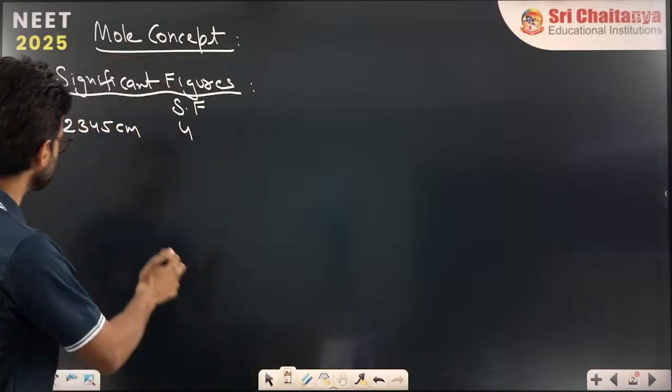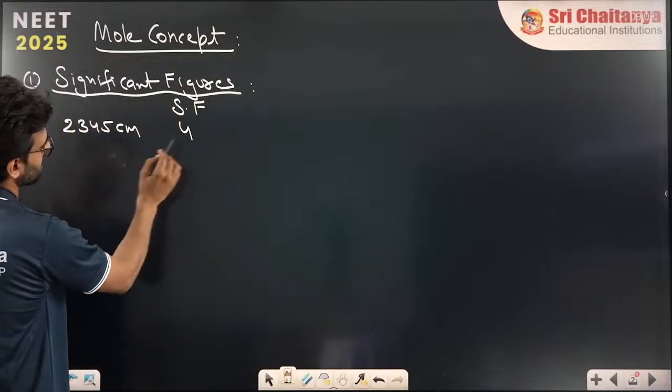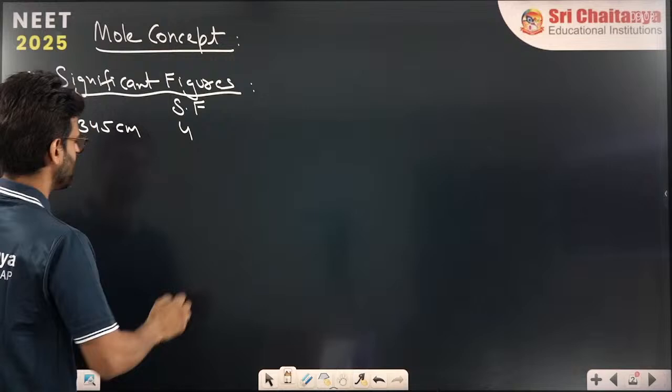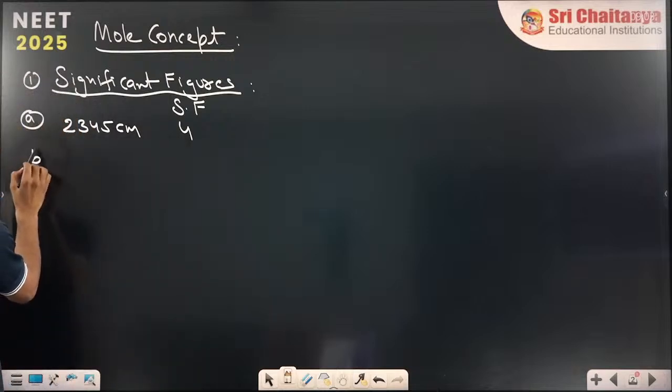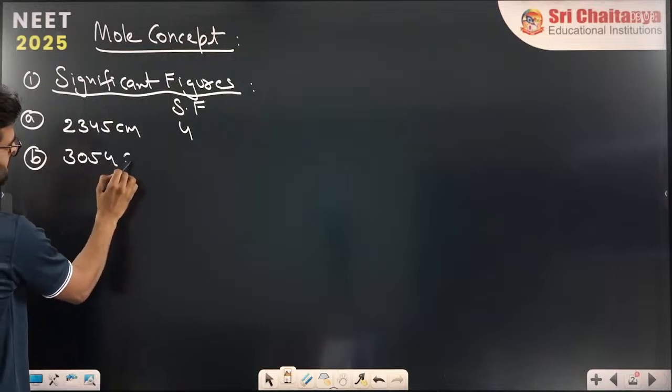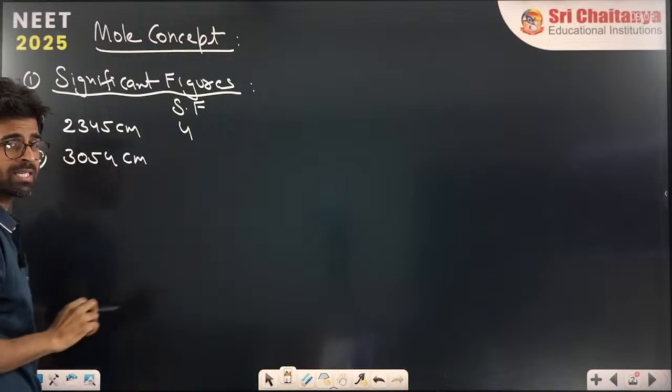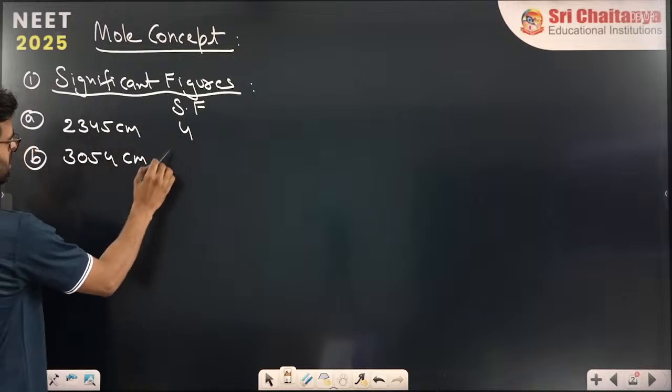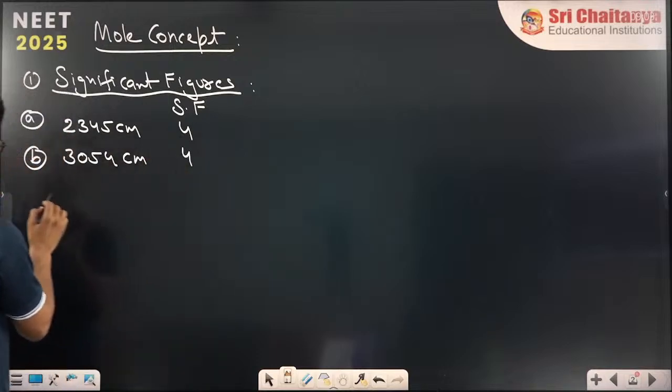All non-zero numbers are significant figures, so 4 here. For the B part, 3054 centimeter. All zeros in between non-zero digits are also significant, so here also 4.